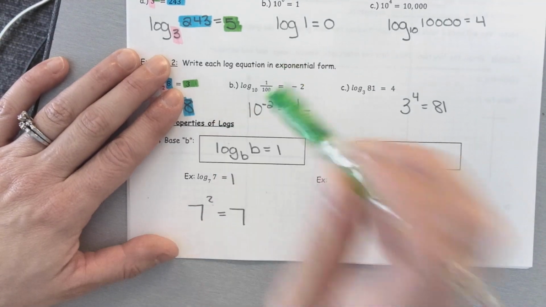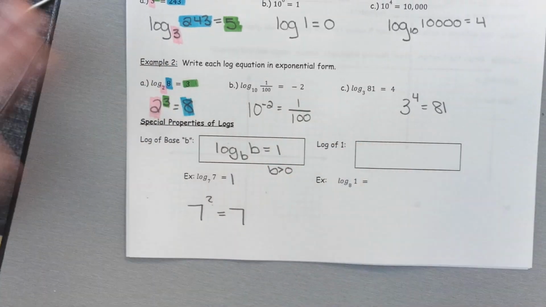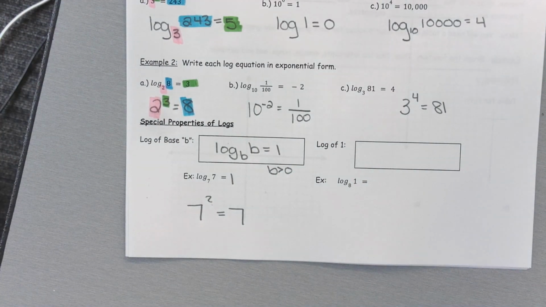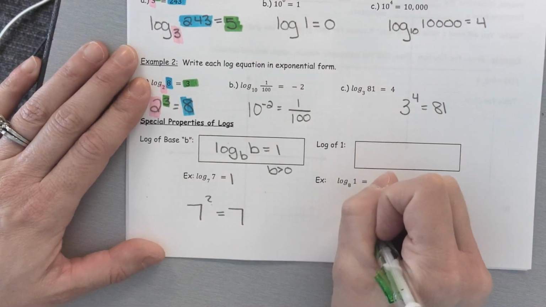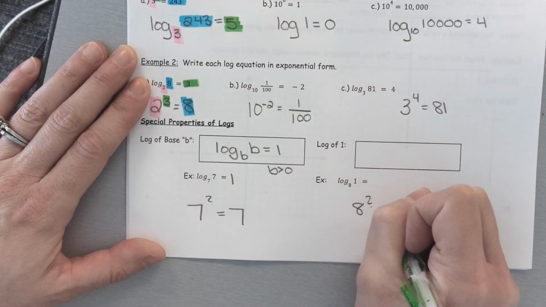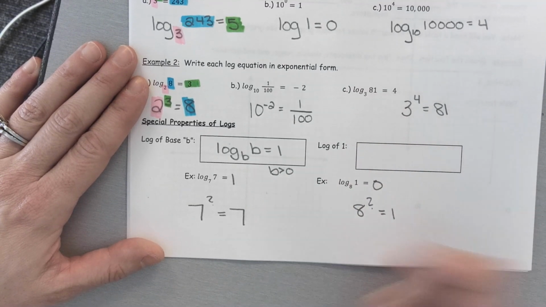So when those b's are the same, and we have to specify b has to be bigger than 0 in order to do this whole process. All right. Similarly, 8 to what power equals 1? 0.